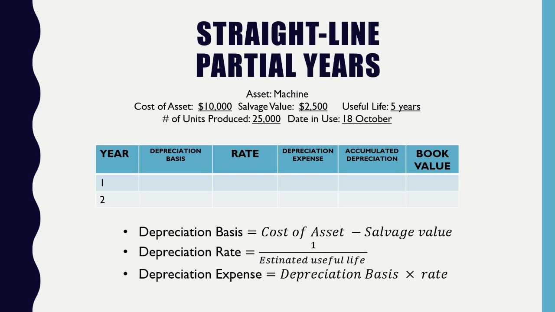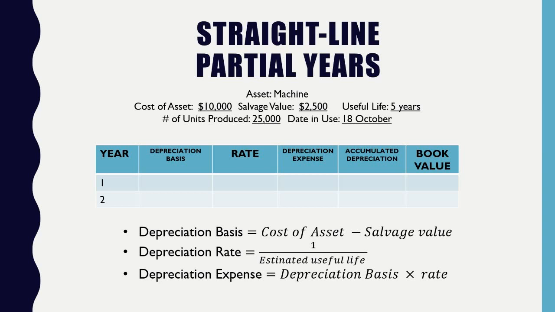Okay, so let's go ahead and calculate the depreciation basis. 7,500. All right, what's the rate? Calculation 1 divided by the term 5 years. 20%.